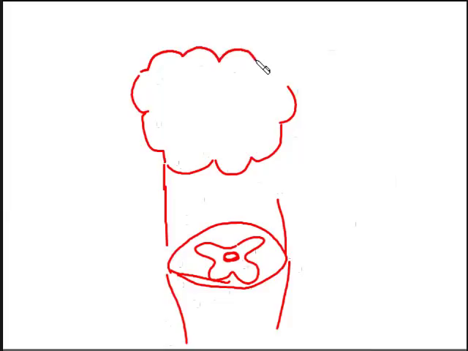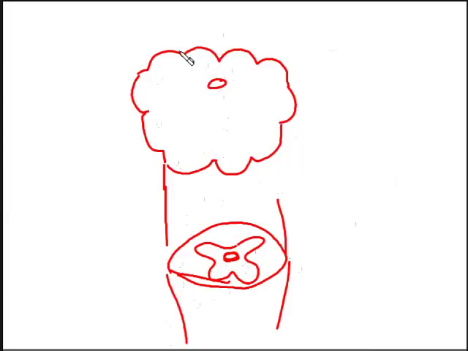This central canal travels in, but now instead of being right in the middle, it goes posteriorly. As we go further up, this central canal goes further back and it really opens out into the fourth ventricle.